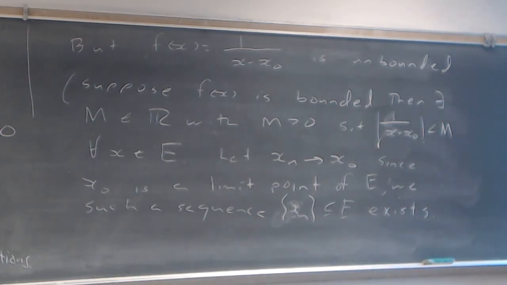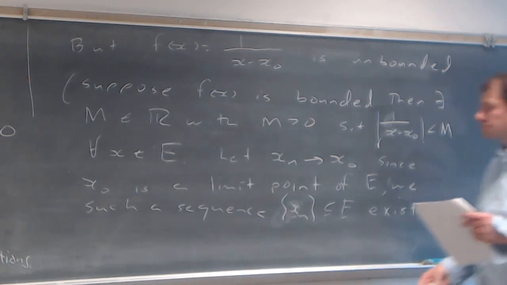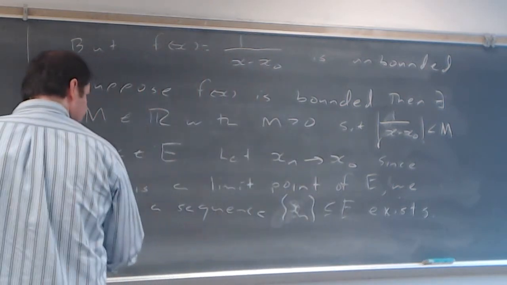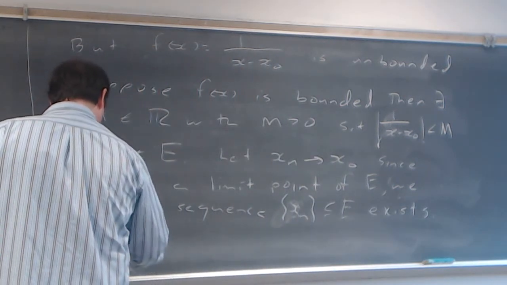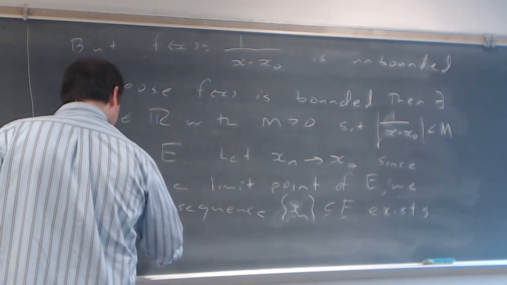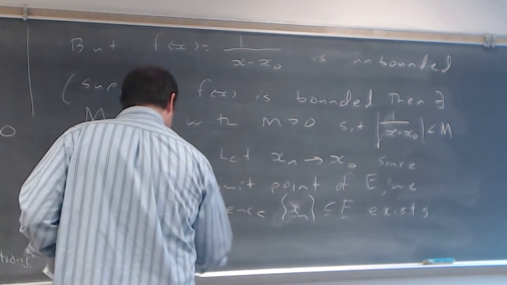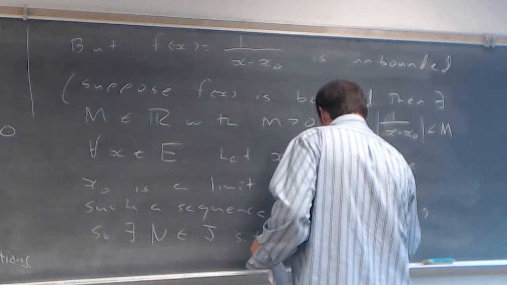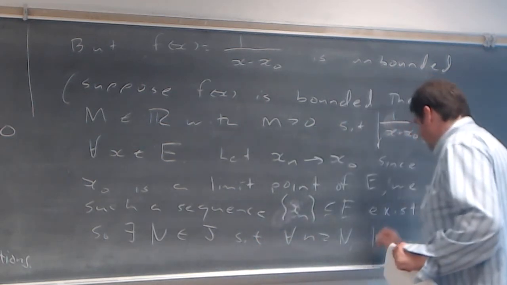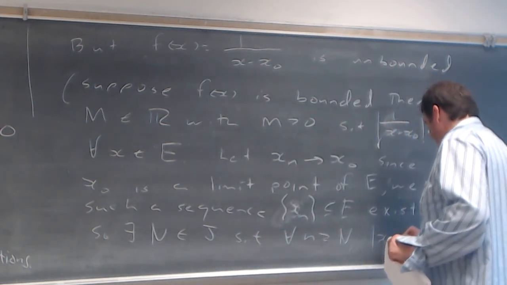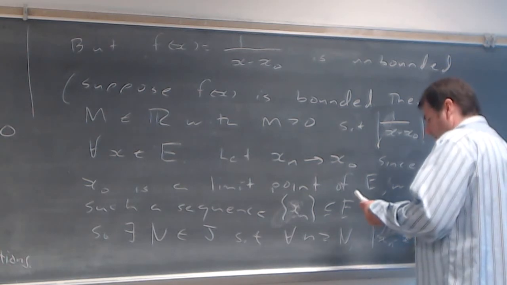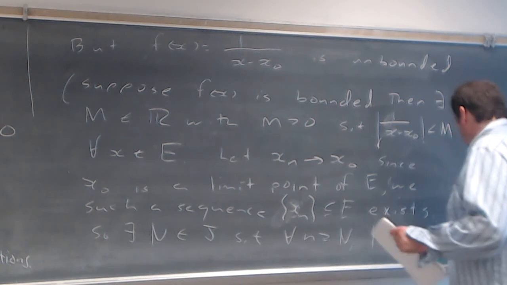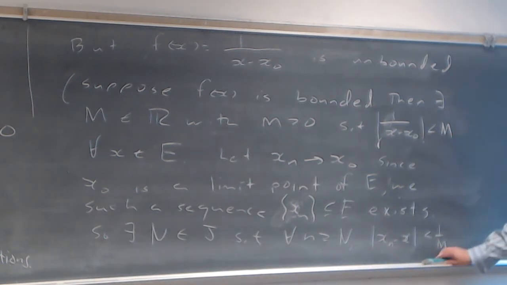If you're a limit point, there's a sequence in the space that goes to you. So, with x of n convergent to x naught, that means that there exists an N element of the natural numbers such that for all n bigger than or equal to this big N, the absolute value of x of n minus x naught will be less than 1 over M. So 1 over M is playing the role of epsilon in the definition of a convergent sequence.